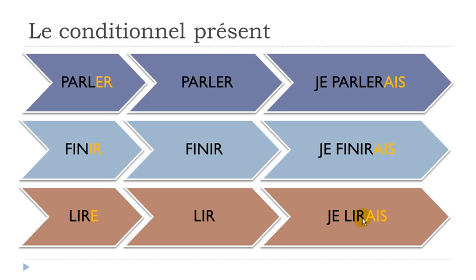Je lirai. All right, so the rule goes like, if you've got a final e then you take it away. You've got your form here, L-I-R, and then you add your ending, A-I-S, je lirai, okay? So you've got 3 forms here, and they're actually the conditionnel présent forms. Je parlerai, je finirai, je lirai, okay? Parler is to talk or to speak, finir to finish or to end, lire to read, okay?